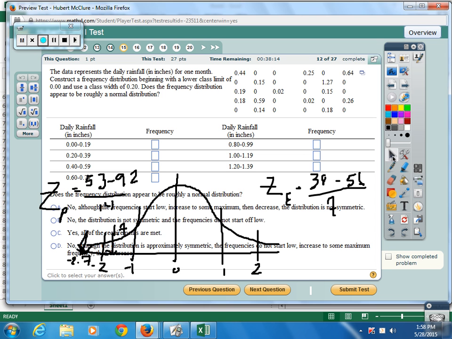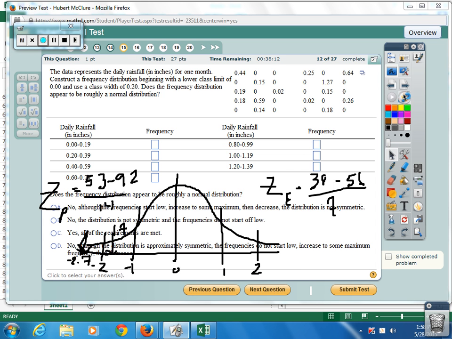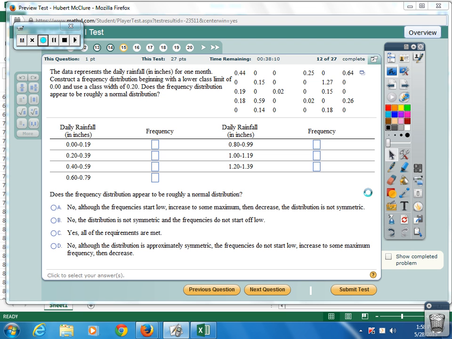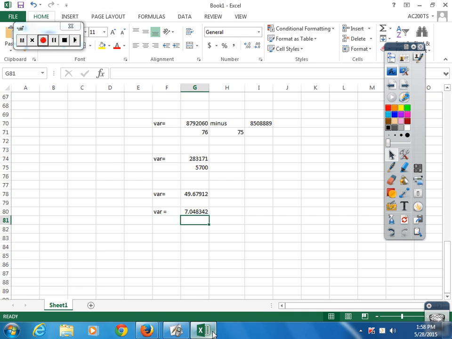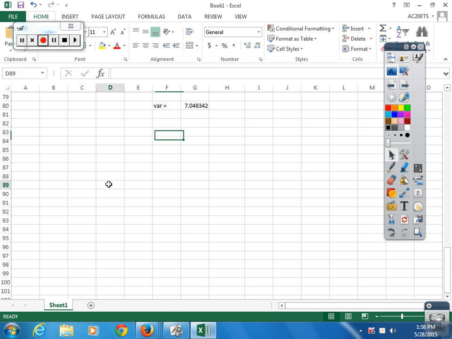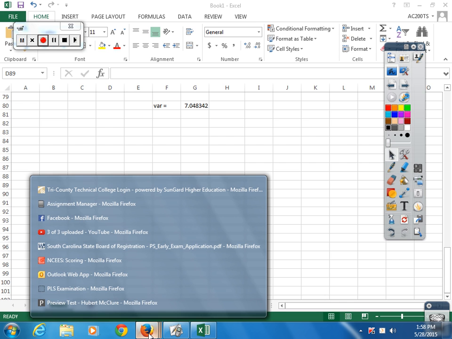This test question should not be missed. Why? Because all you have to do is count. The key to this is putting it in order. The best thing to do is use a spreadsheet. I will get it back up there in just a second.